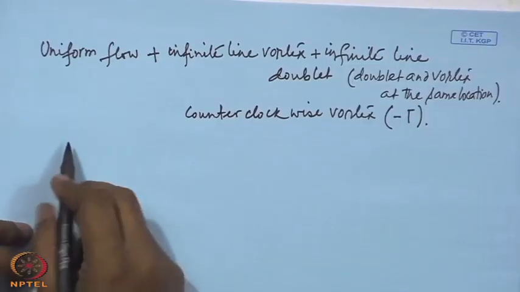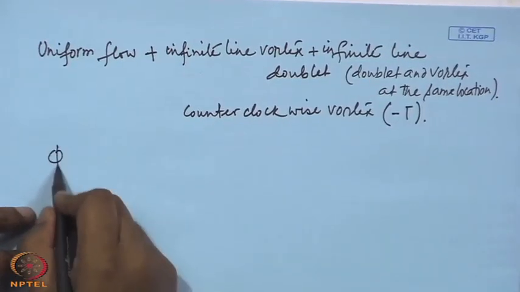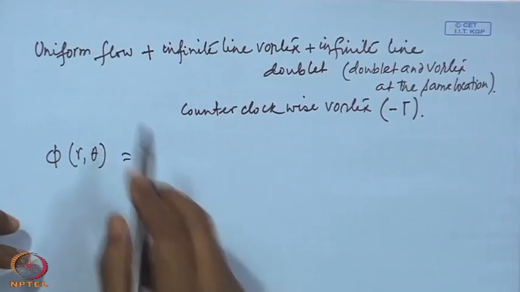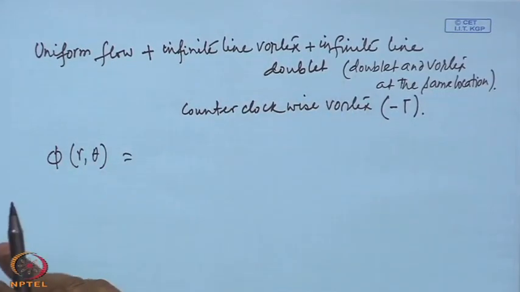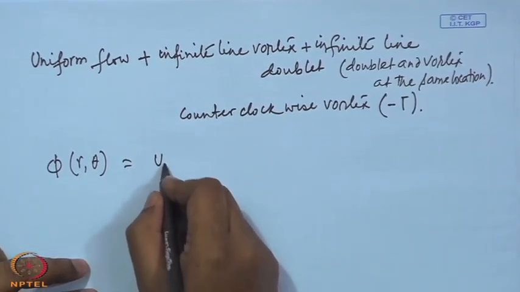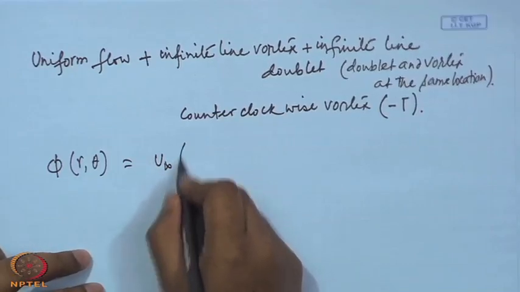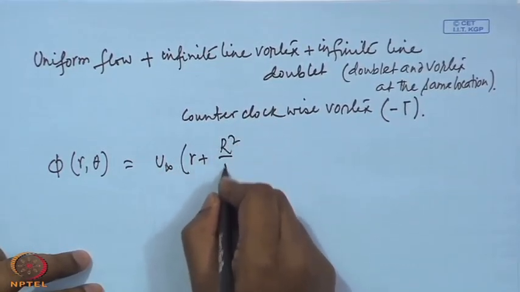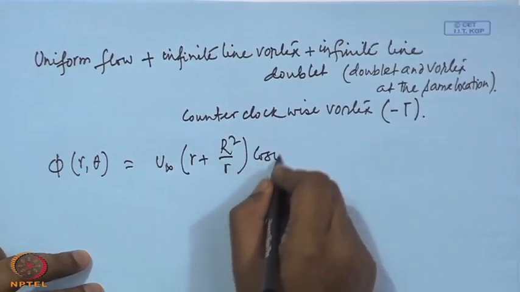In addition to that, we now have an infinite line vortex. So, the potential function, as before, we can write phi of r, theta is what? Uniform flow plus infinite line doublet, how much was that? u infinity r plus r square by r cos theta.